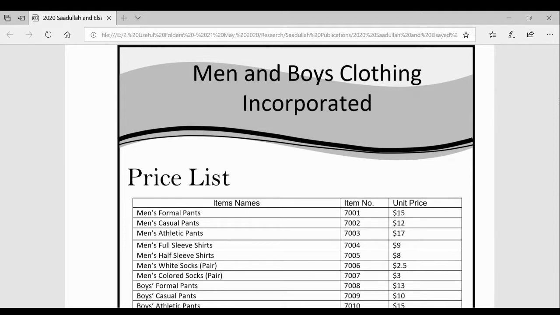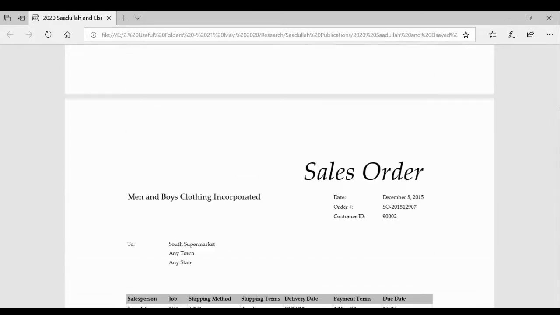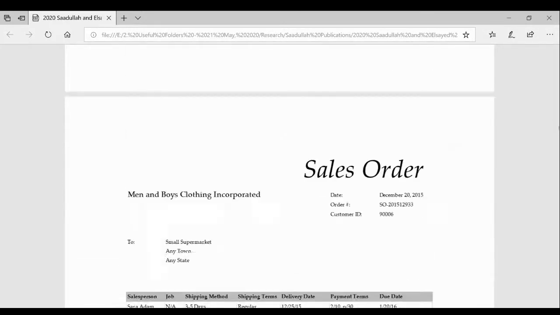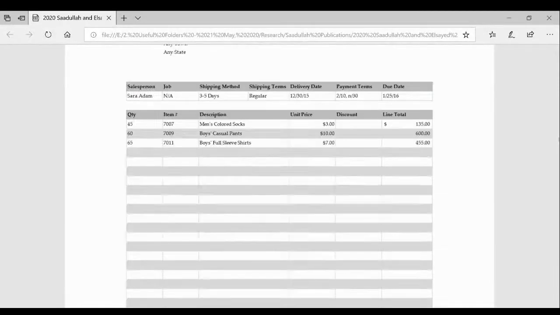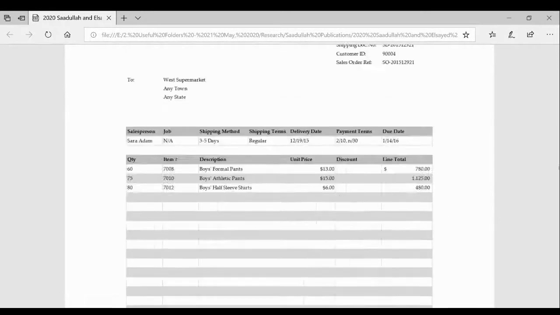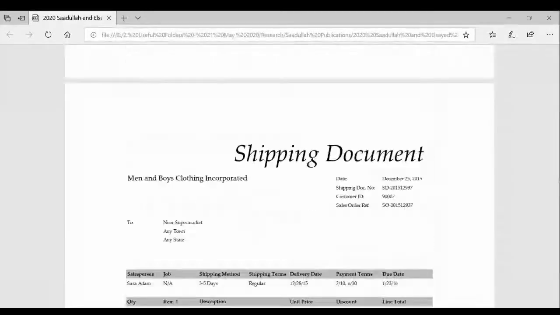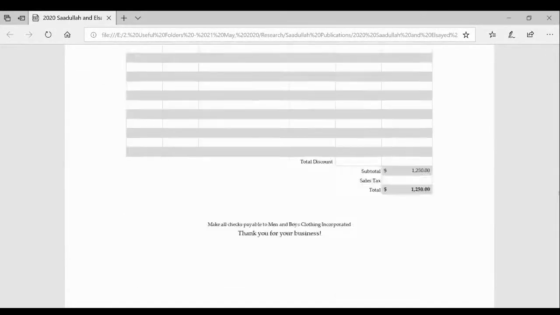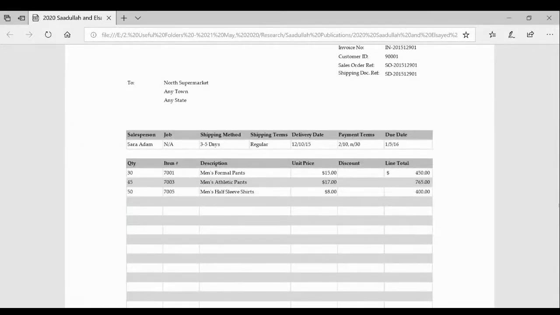So let's take a look at an invoice. Let's take a look at the invoice of North Supermarket. You remember it's $15 for men's formal pant. So let's take a look at the sales invoice to see whether that is accurately recorded in the sales invoice. Invoice is the bill. You see the men's formal pant unit price is 15.